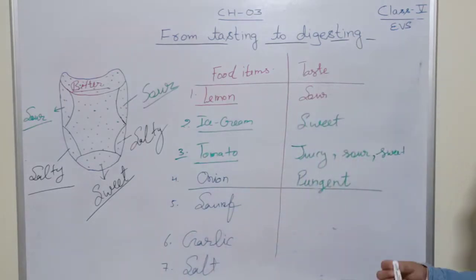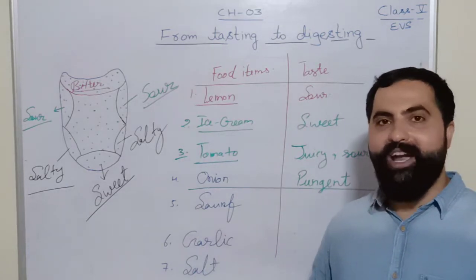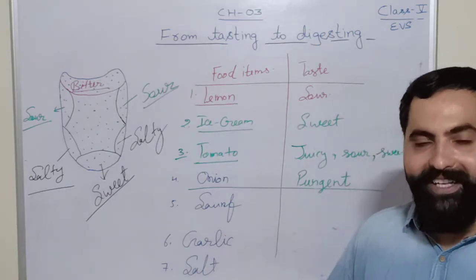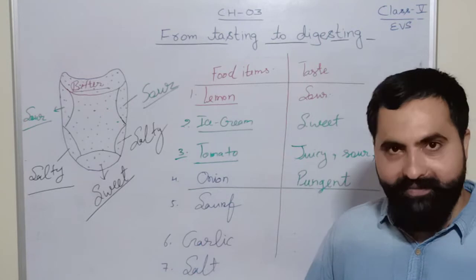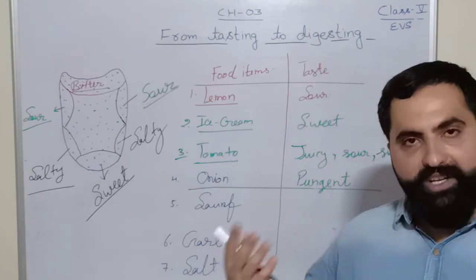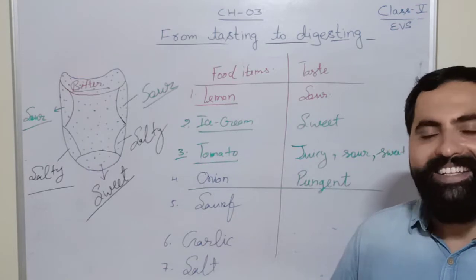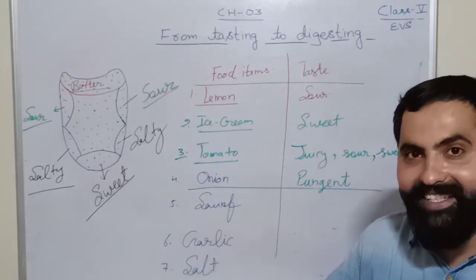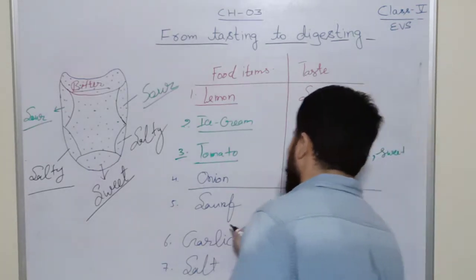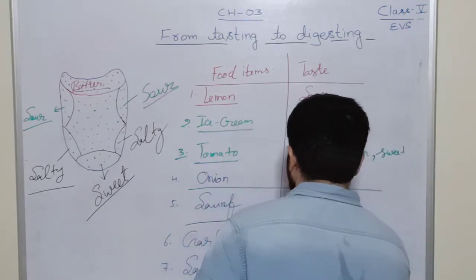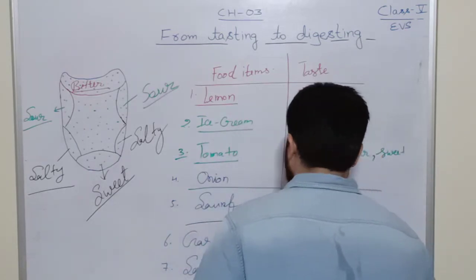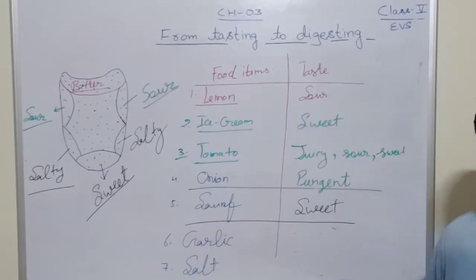The next is soft. Have you eaten soft when you were in a restaurant? After eating your dinner, the restaurant offers the soft while you are paying the bill. That taste is sweet. The next one is garlic.